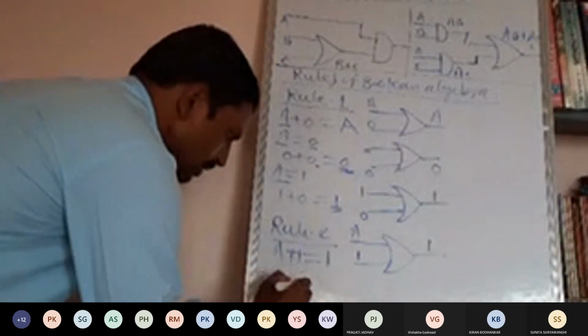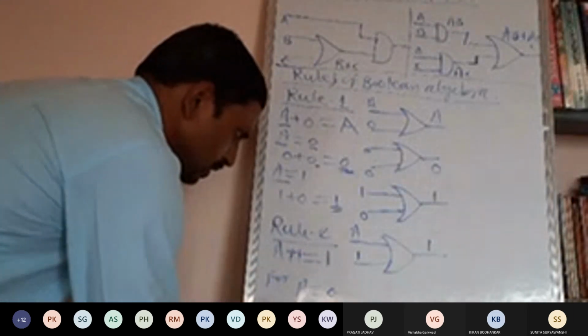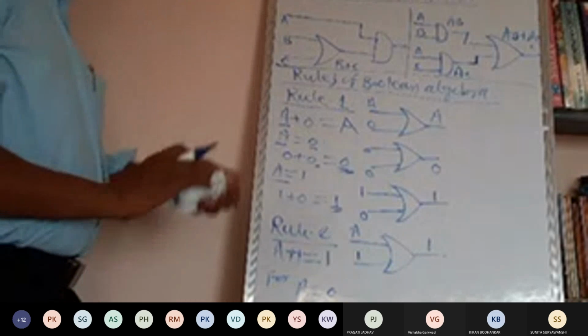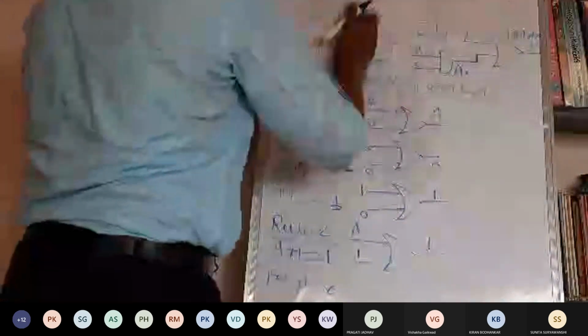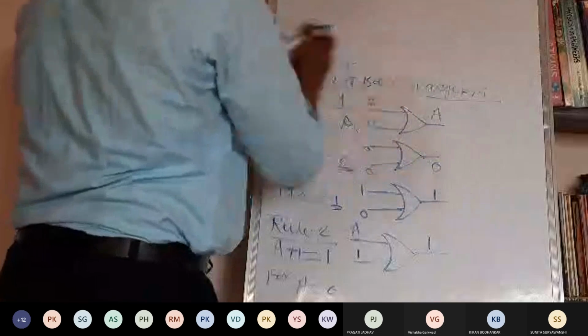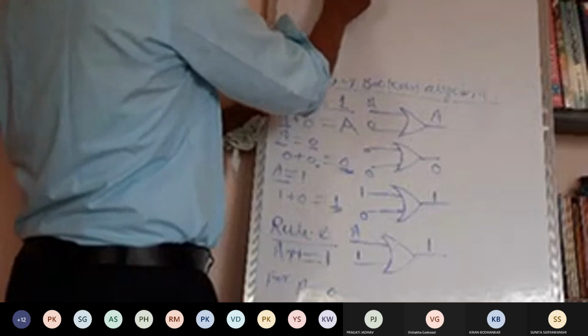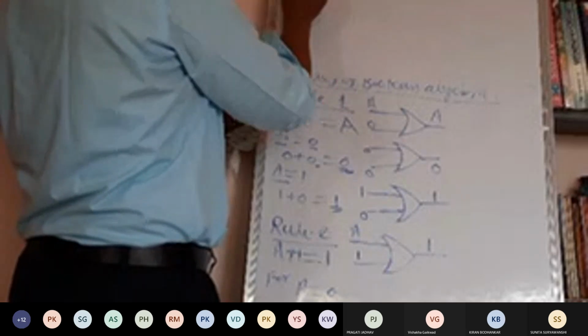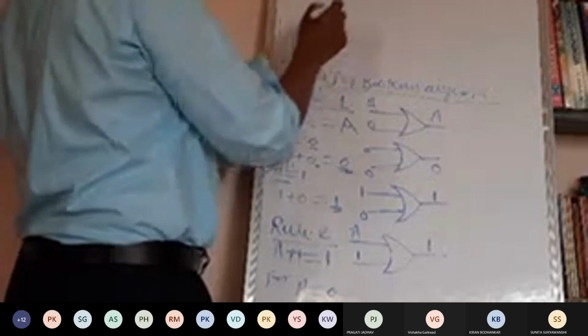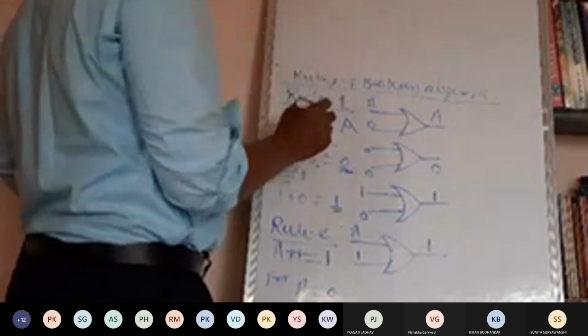ओके, for a is equal to 0 वर घेतो मी आता. For a is equal to 0 काय येत आहे, 0 plus 1. A is equal to 0 and here 1. So 0 plus 1 is 1.